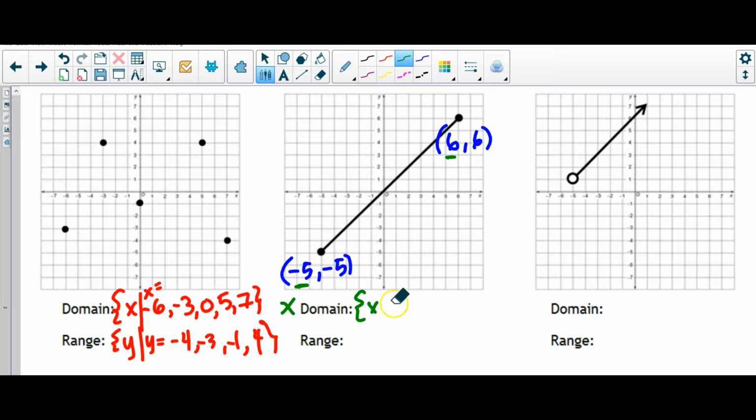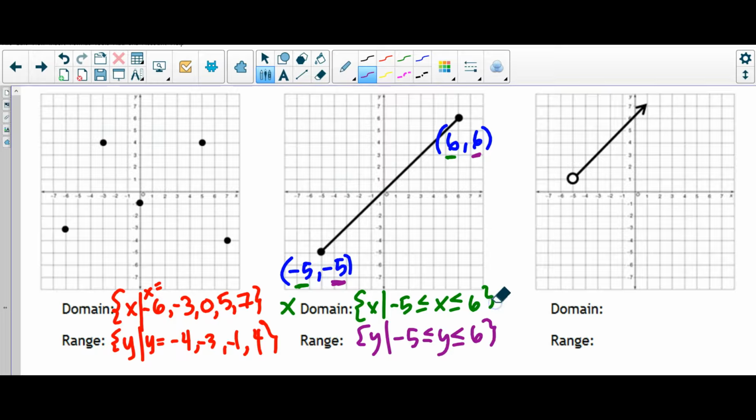So this is a compound inequality: smaller numbers on the left, bigger numbers on the right, x is in the middle, and because they're shaded in, it would include or equal to. When I'm dealing with range, my range is my y values, and my y's are going to range from -5 to +6. There you go.